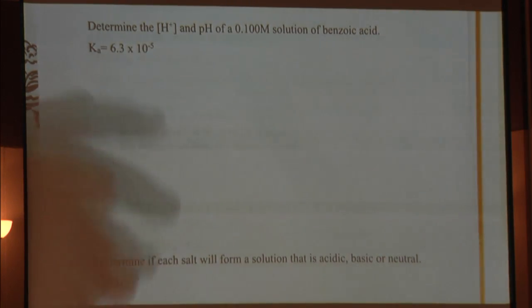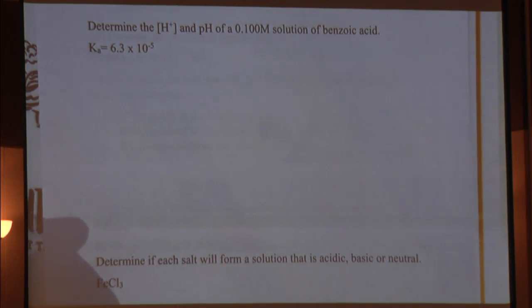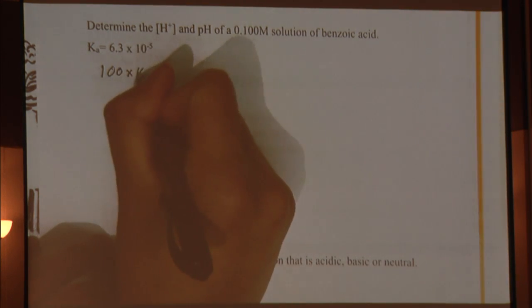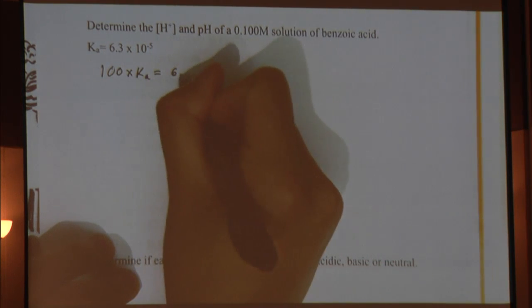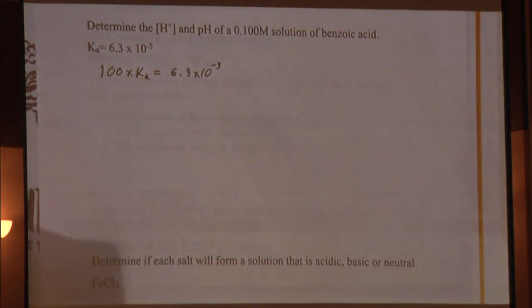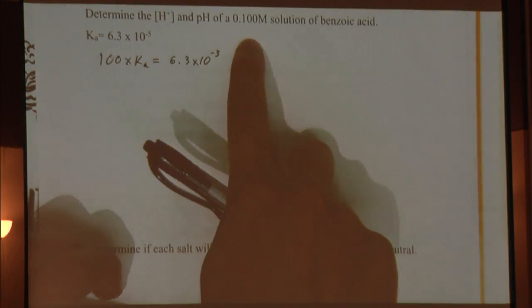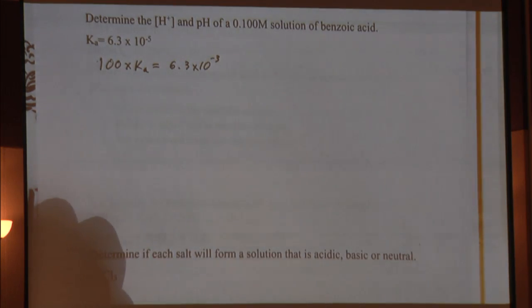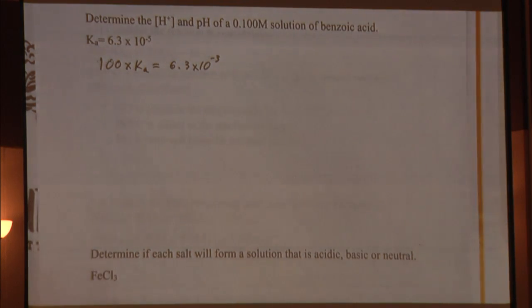So now we need to test if we can do our x is small approximation. So if we multiply our Ka by 100, we get something that's smaller than our 0.1 molar concentration. So we're allowed to do this x is small approximation.